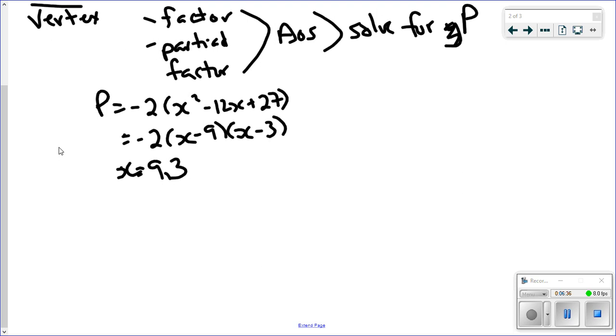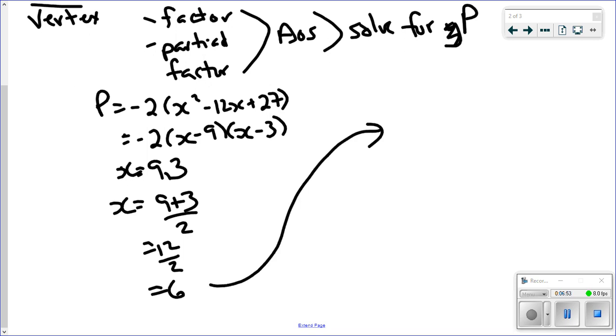So I've already been told, it's not that I've forgotten that step. The question does it for me.